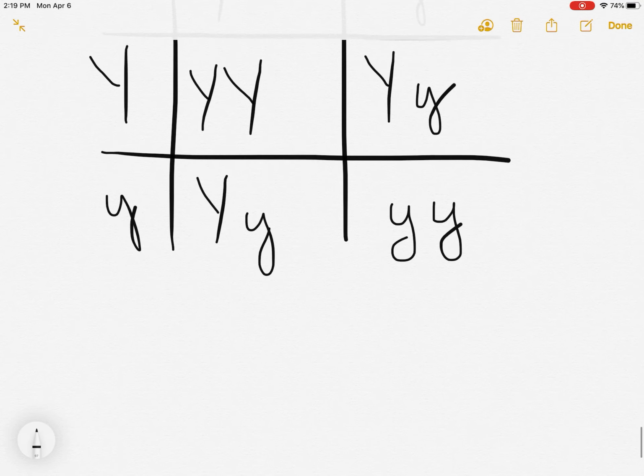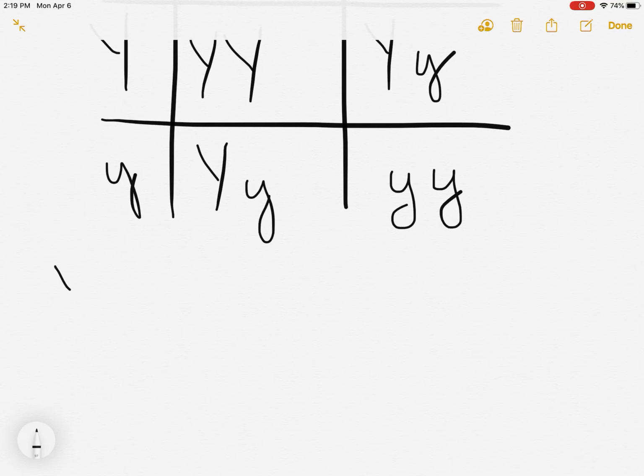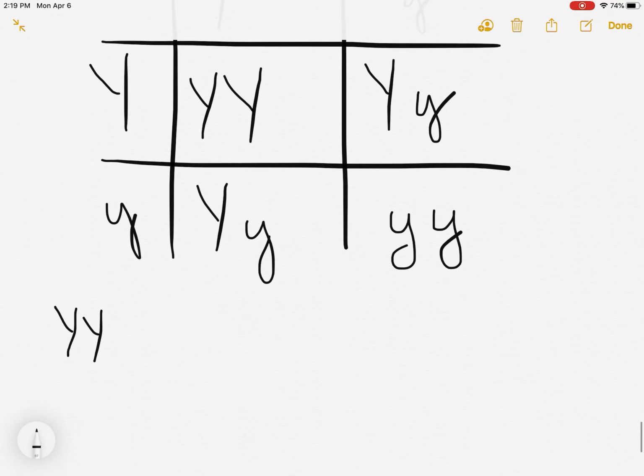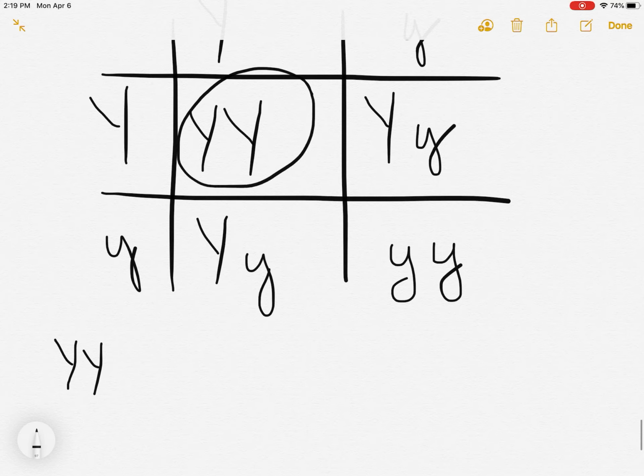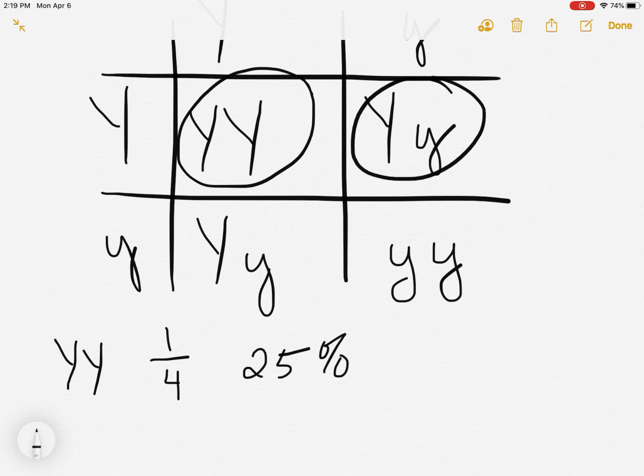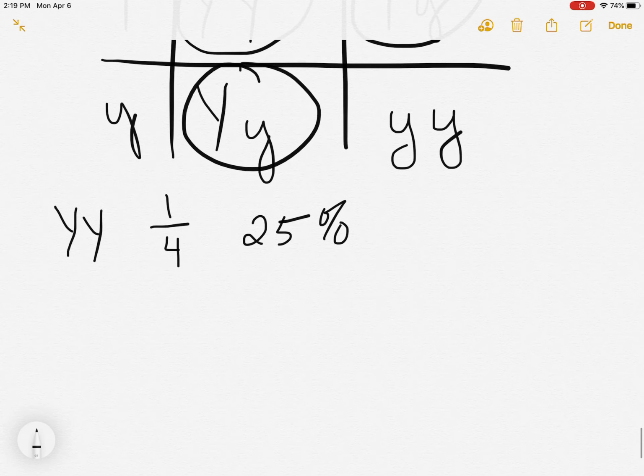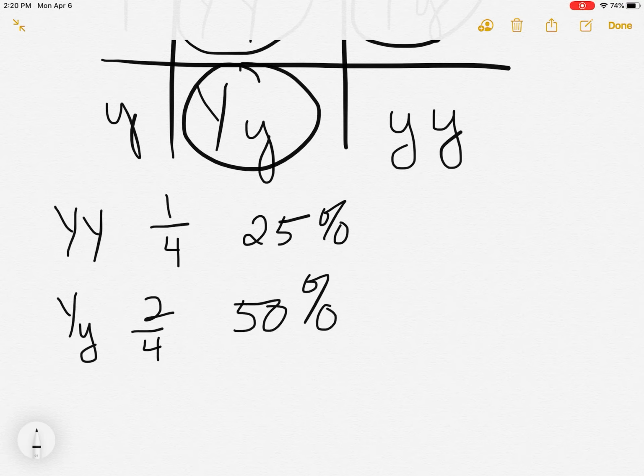Now let's look at the percentages. We may have to move a bit. In order to get this, well, you can see in there only 1 out of the 4 is that combination. That's 25%, 1/4. Then if you look here and here, there are 2 out of the 4 that give us the heterozygous situation. 2 out of 4, or 1/2, that's 50%.